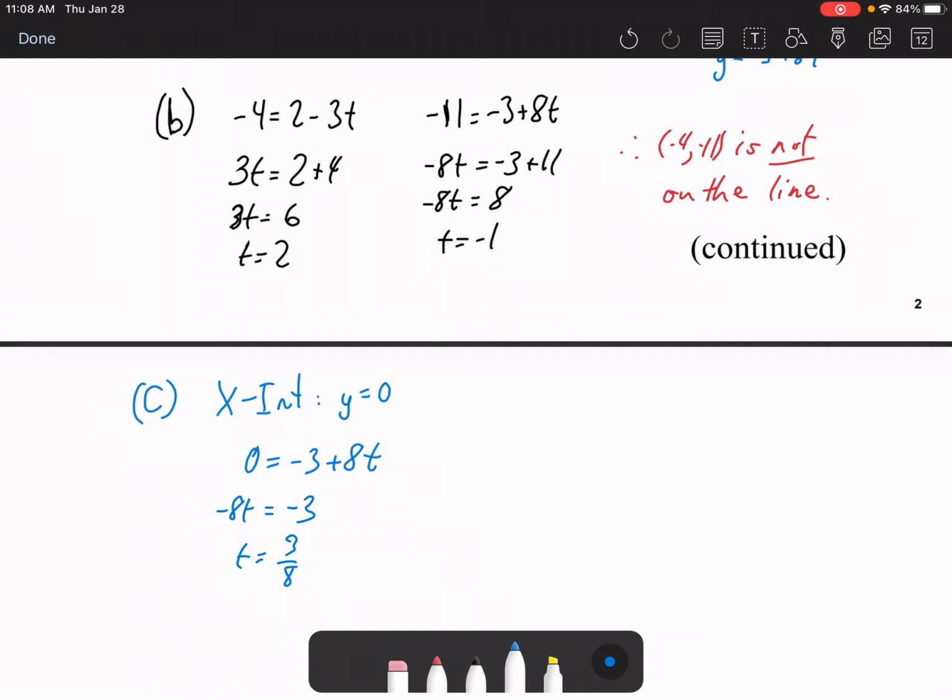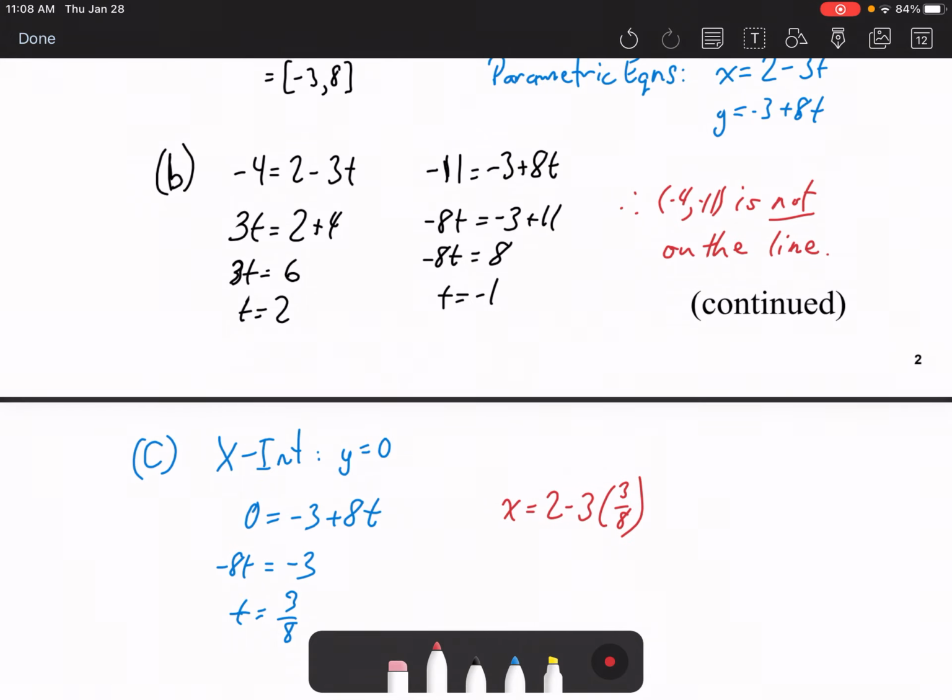So this has to be the t value to give me my x-intercept. So I'm going to substitute this into my x value for my parametric equation, and then I'm just going to solve.